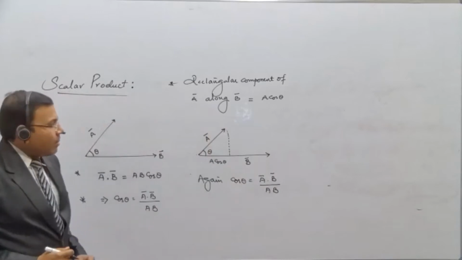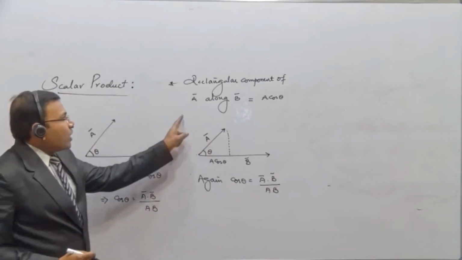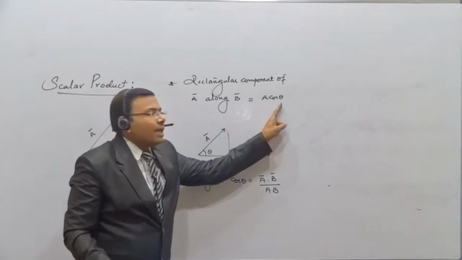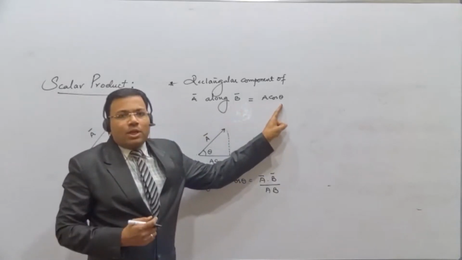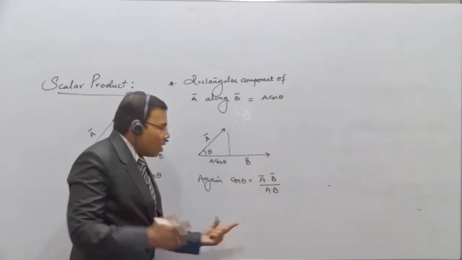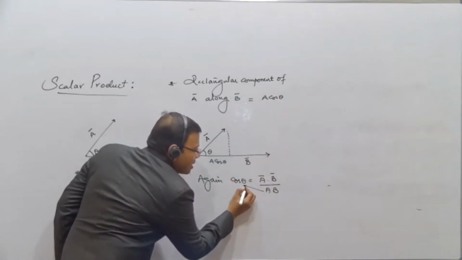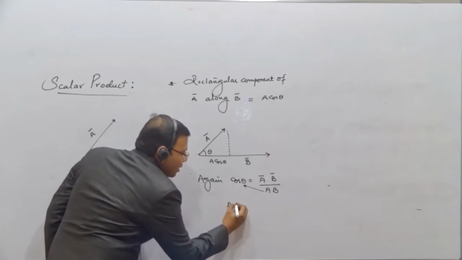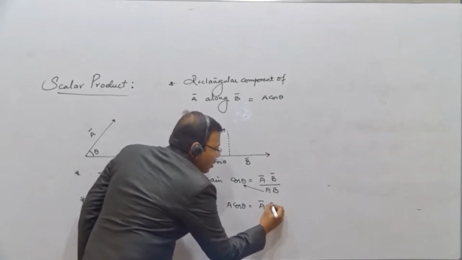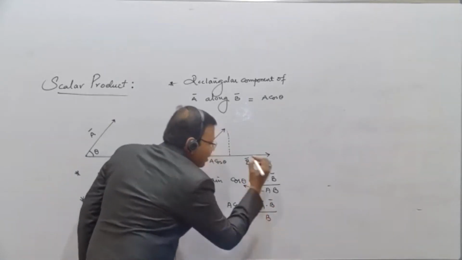I need the rectangular component of A along B, so I have to find A cos theta. How? Just take this A to this side. So A into cos theta, that becomes A cos theta, which is equal to A dot B by B.